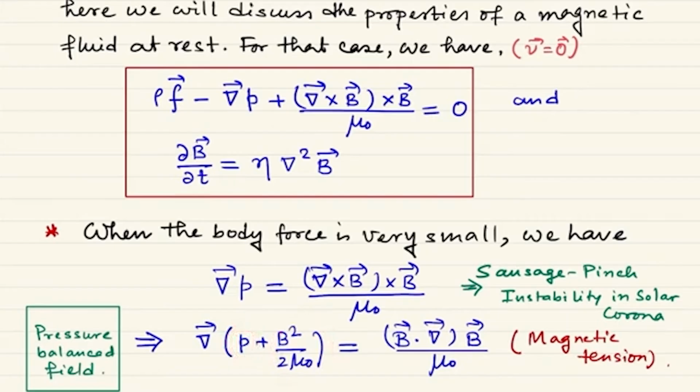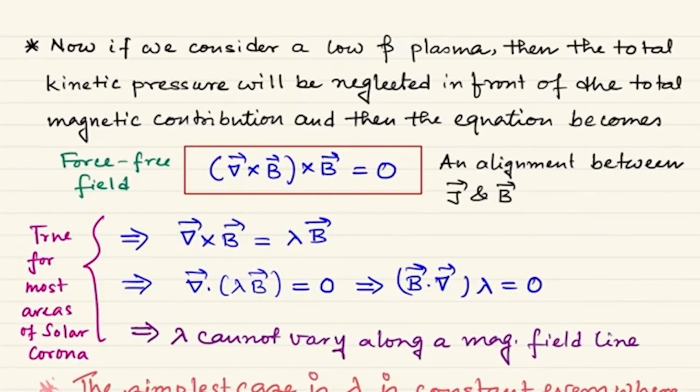So finally you have gradient of B square by 2 mu 0 equal to B dot gradient B by mu 0, which is equivalent to writing curl of B cross B equal to 0.